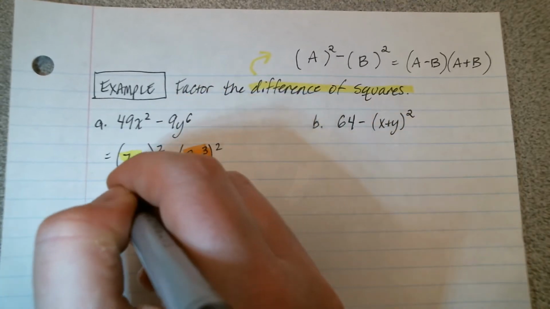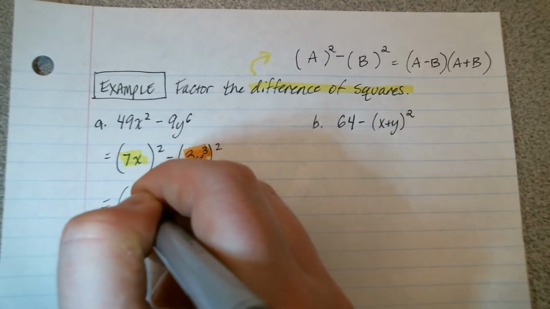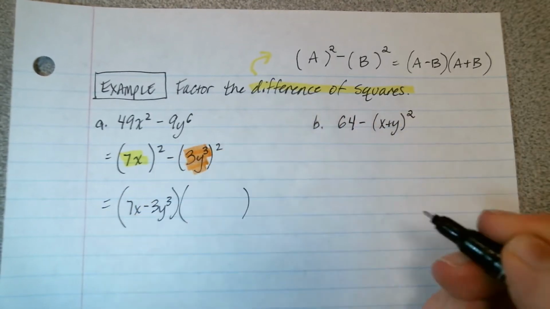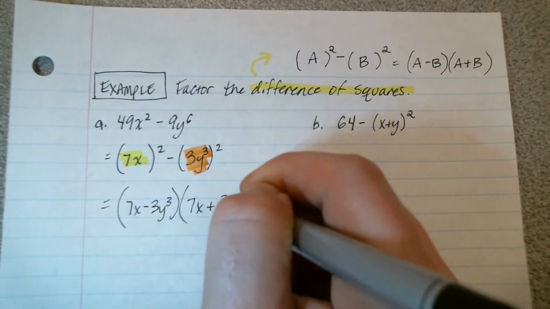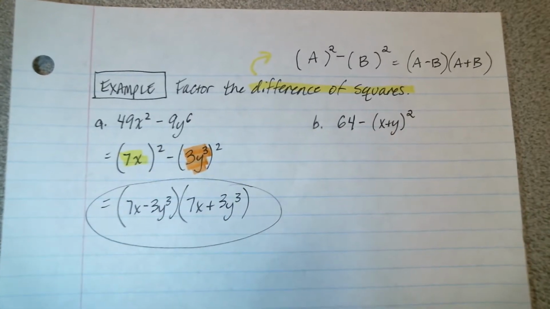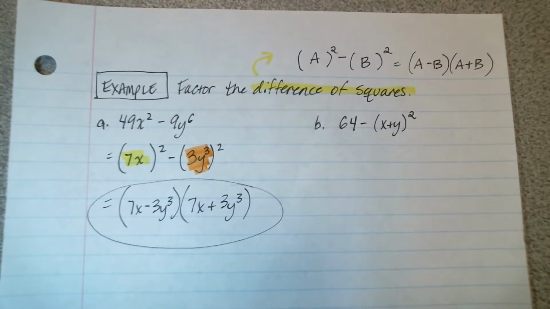This is equal to the product of two factors, 7x minus 3y cubed, and in the second factor, 7x plus 3y cubed. And we're finished.